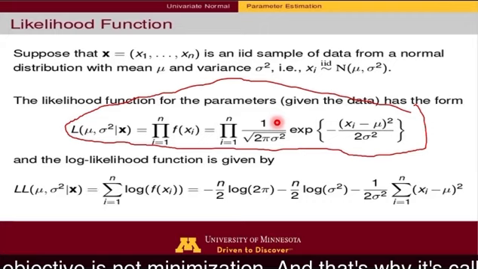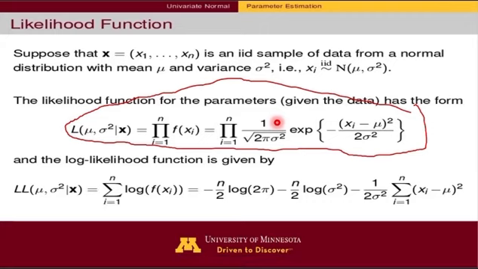That's why it's called maximum likelihood. I want to figure out the best value of the mean parameter that will best explain the variation in my data. Now, I want to maximize this, but because this is multiplicative, it will be difficult to maximize a multiplicative function.